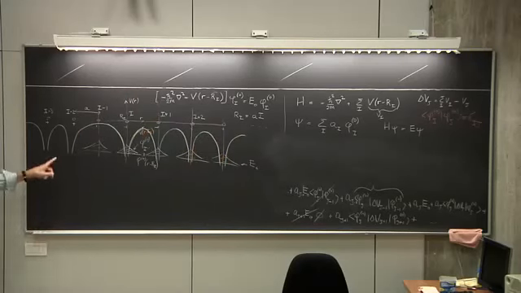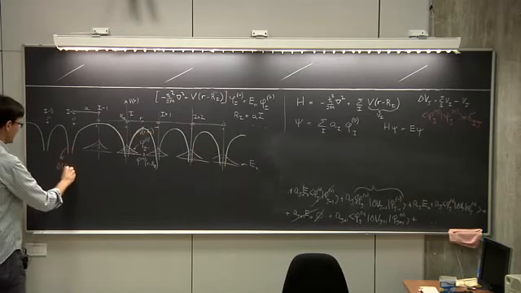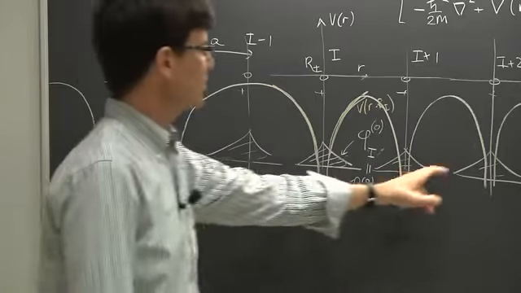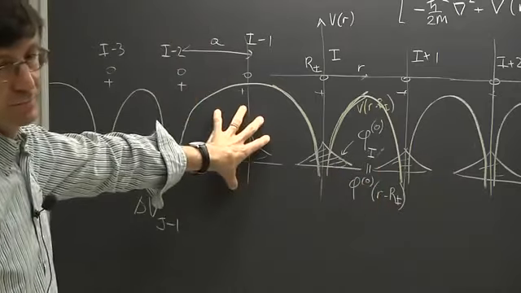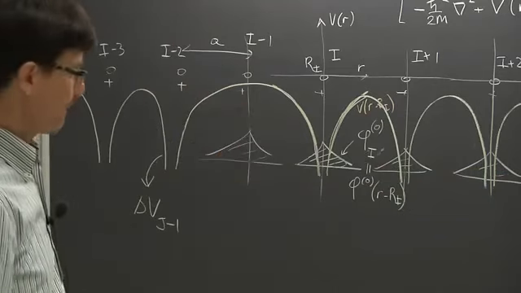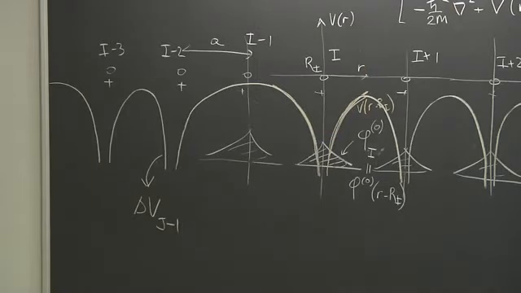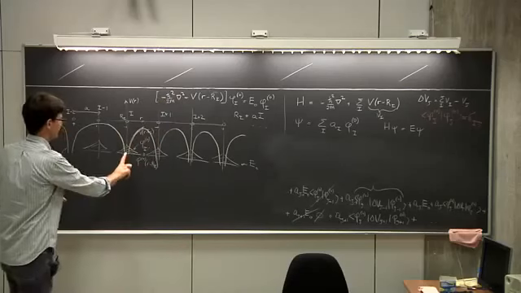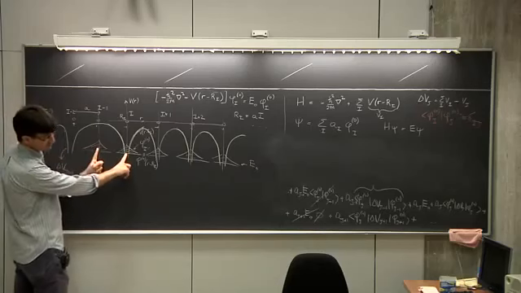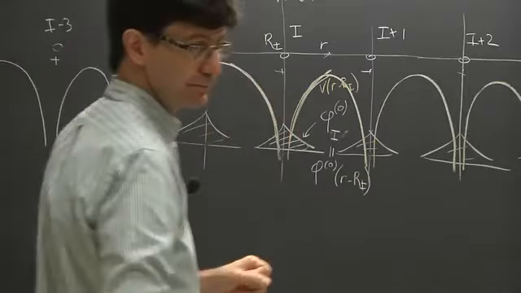Okay? So this is delta V j minus 1. It's the sum of all the Coulomb potentials minus this one. I've removed this one. So, once again, wave function at j, or I, times wave function here at j or I, times this green line.